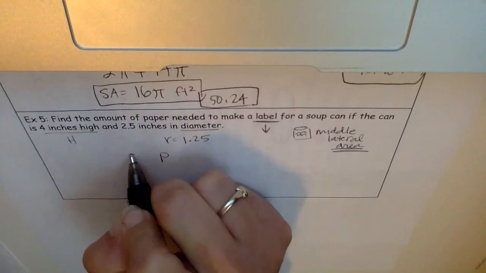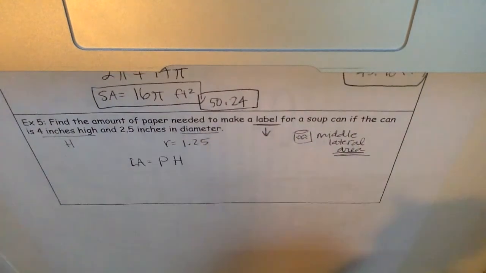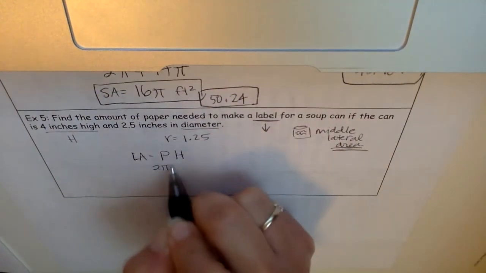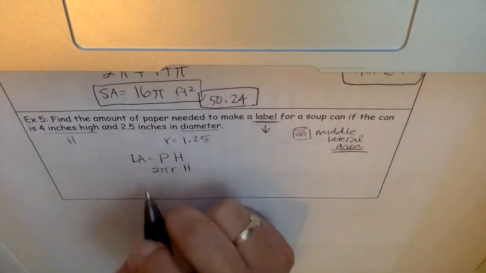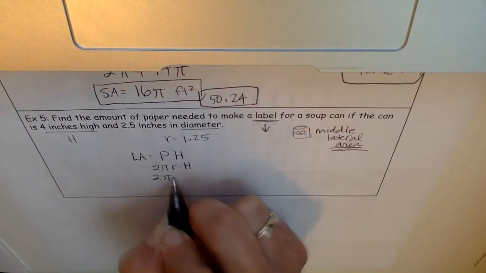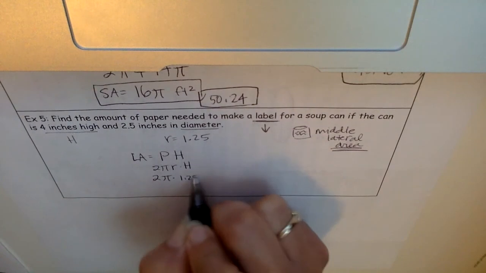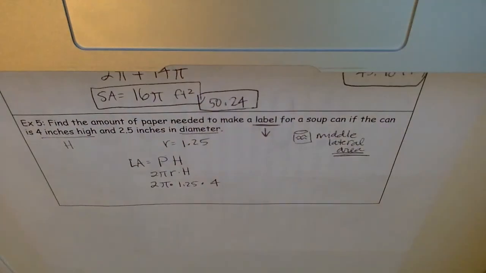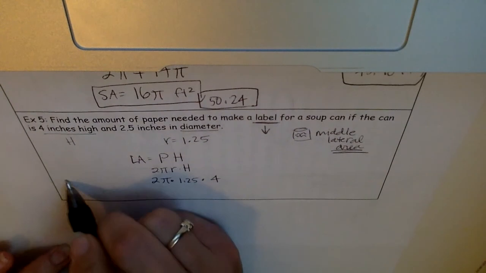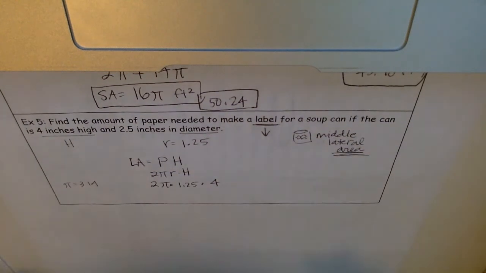So we only need the lateral area, the perimeter times the height. The perimeter is the circumference, 2 pi r, times the height of the prism. The radius is 1.25, and the height of the prism is 4. I'm going to use 3.14 for pi.